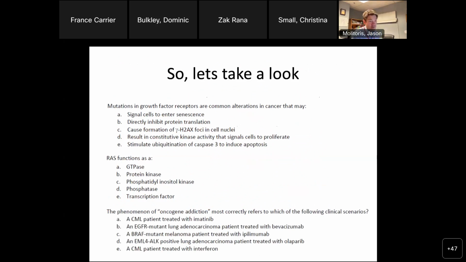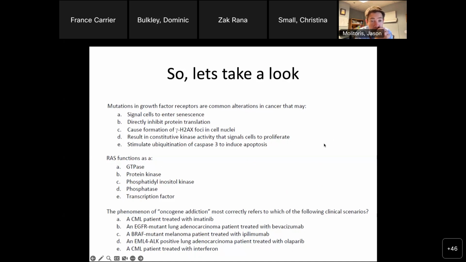We've got a few minutes left. First question: mutations in growth factor receptors are common alterations in cancer. What can they do? Can they signal cells to enter senescence? Senescence would be the cell being kind of inert, so that's not pro-oncogenic. Inhibit protein translation?